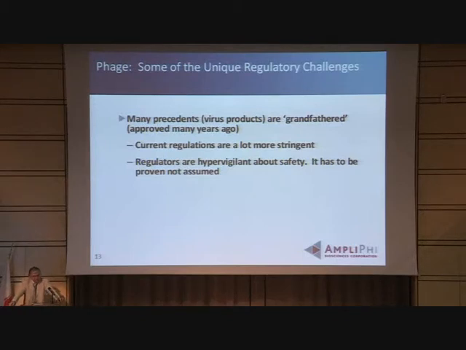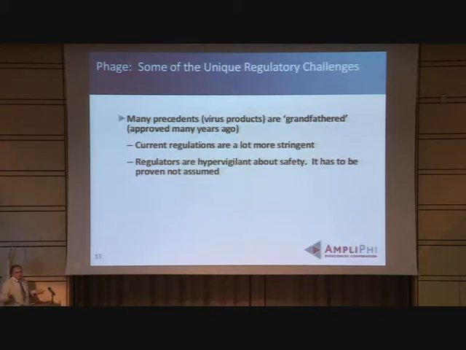So with phages, we have a number of things we have to do. And yes, there are virus products on the market, but many of them are grandfathered, a rather peculiar term, which just means they were approved many years ago. And there are certain levels of tolerance given to grandfathers which aren't given to the rest of us, often involving unpleasant noises at the dinner table.